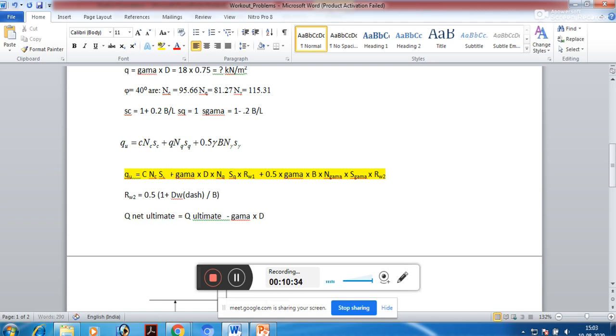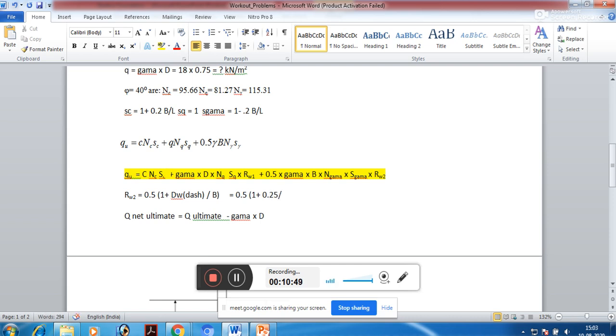So you tell me now what will be the value of RW2? It will be 0.5 multiplied by (1 plus dw dash). What is dw dash? One of you has told it. It is 0.25 meter.